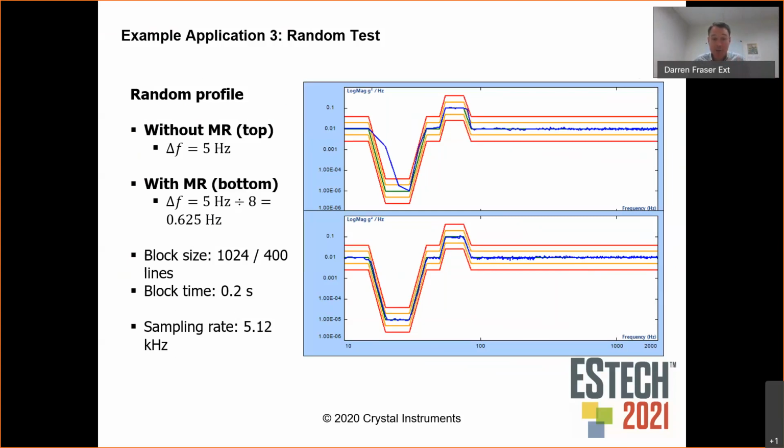And recall, as we pointed out in that first slide, that this is going to be a constant, evenly spaced 5 hertz resolution. Well, if you apply the multi-resolution technique we're calling out here, we can achieve a little bit over a half a hertz resolution down at that low frequency end of the profile.